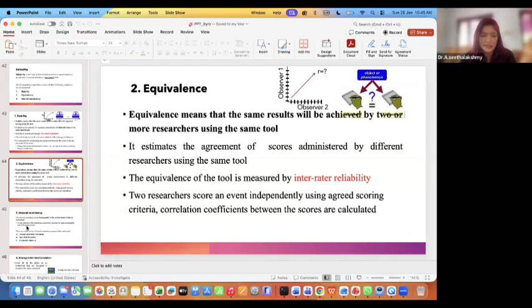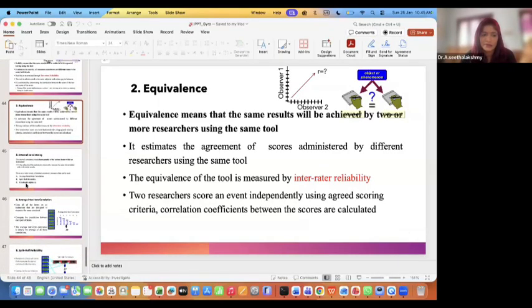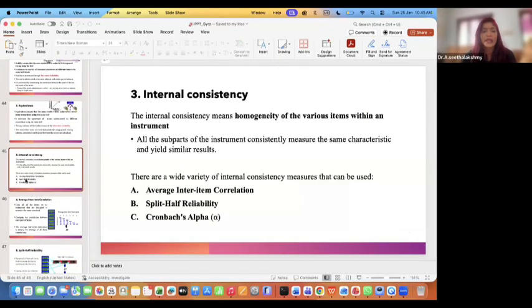The next one, and the most commonly used, is internal consistency. Internal consistency means if we finally have 50 questions, within those items we check whether there is homogeneity and whether consistency is maintained within the same questionnaire. We can do it in multiple ways.